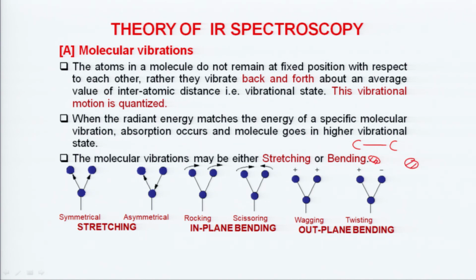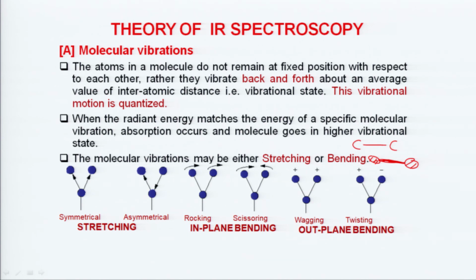This is not actually fixed at this axis, they are vibrating back and forth about an average value of interatomic distance. So, whatever we have been dealing with as bond length is the average interatomic distance.